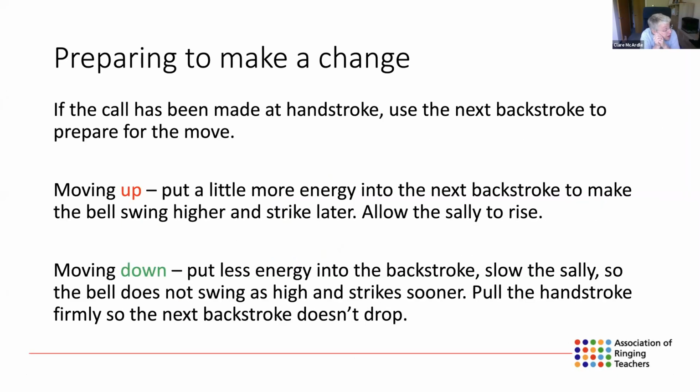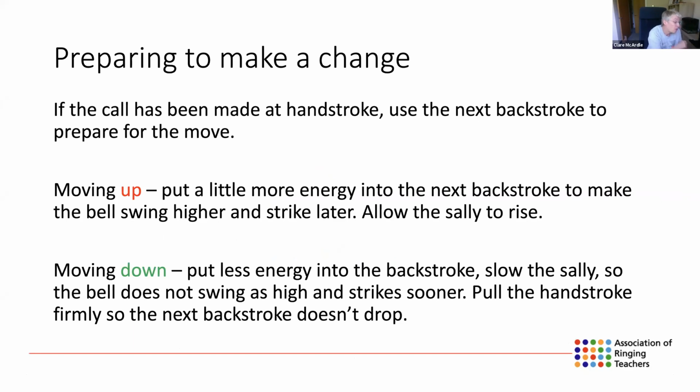If the call's been made at hand stroke, use the next backstroke to prepare for the move. To move up the row or towards the back of the row, you need to ring slower, put a little more energy into the next backstroke to make the bell swing higher and strike later and allow the sally to rise.